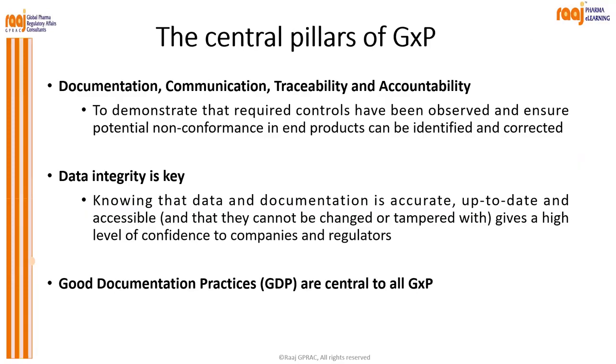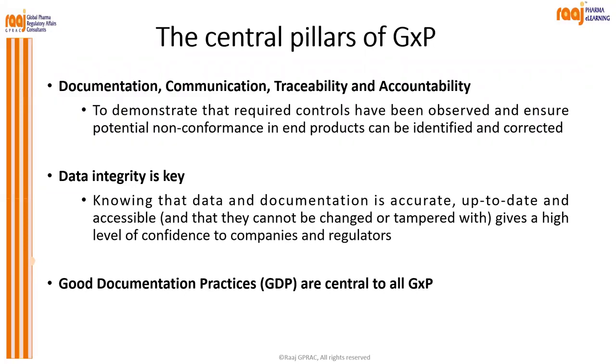And how do you show that it is matching? By way of documentation. So documents become evidence. Any auditor or health authority would like to see how the records are maintained, how the documents are being generated, what your SOPs, the standard operating procedures, are, what your processes are, and how you captured everything and built a robust quality management system.